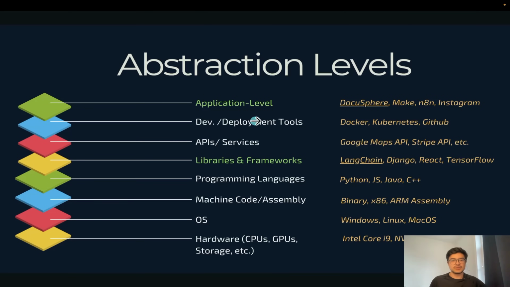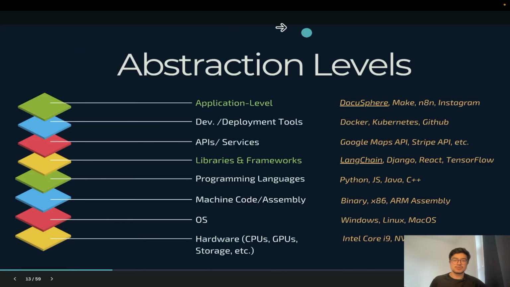So I think it's good for you to just consider what all these are, especially where LangChain lies and how it helps programmers, right? And where Make, N8N, and all the applications that you use stand, right? It's at the application level. And funnily enough, Make, N8N, and all these applications that have AI modules in them are most probably using LangChain in the background, all right?